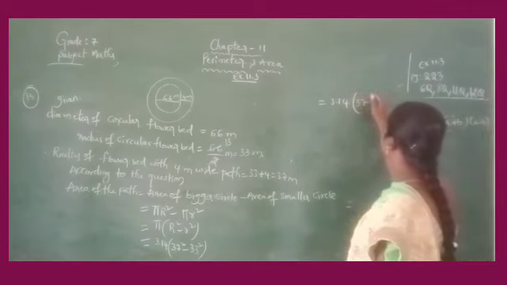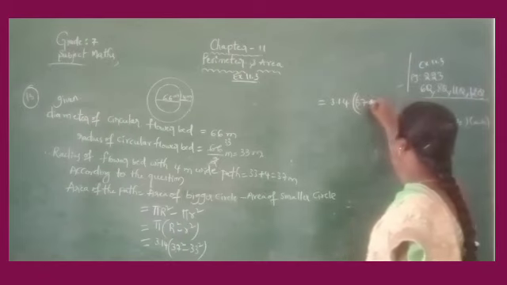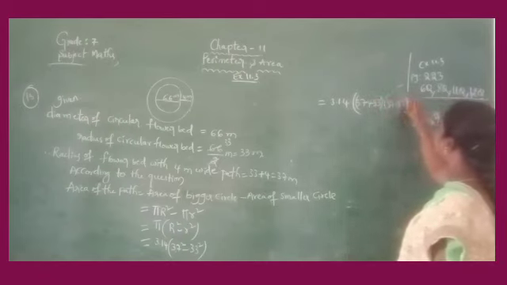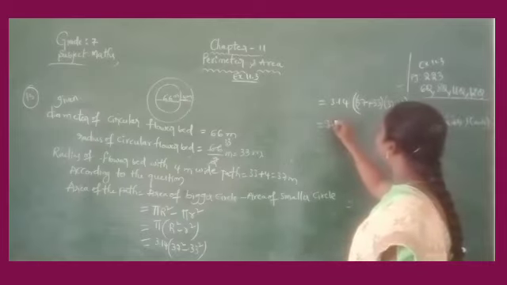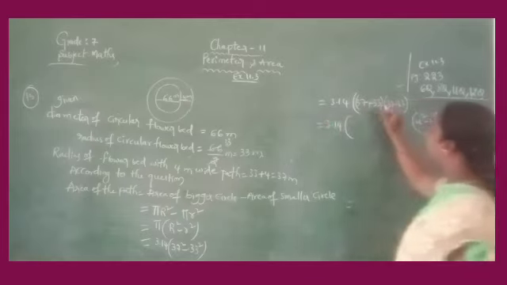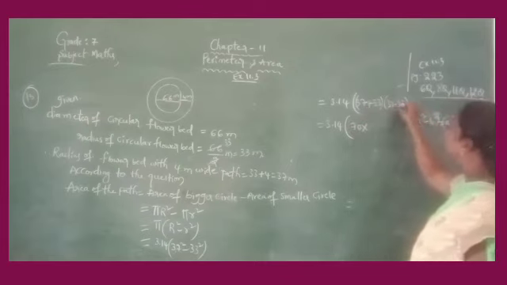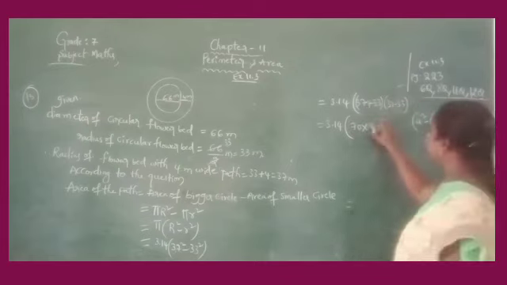Substitute: 37 square minus 33 square is 37 plus 33 into 37 minus 33. So 3.14 into 37 plus 33, how much? 70, into 37 minus 33 is 4.